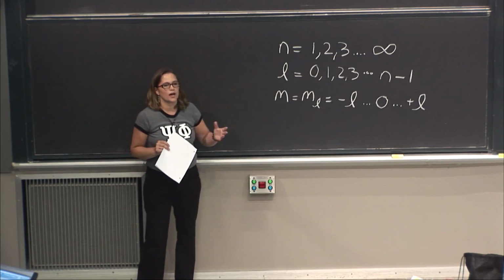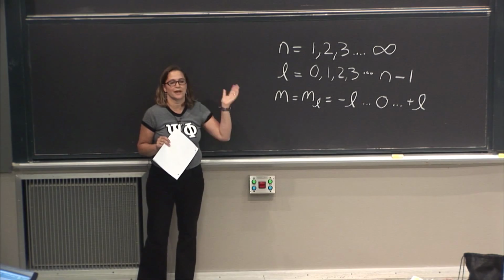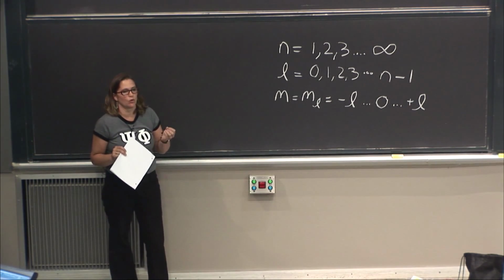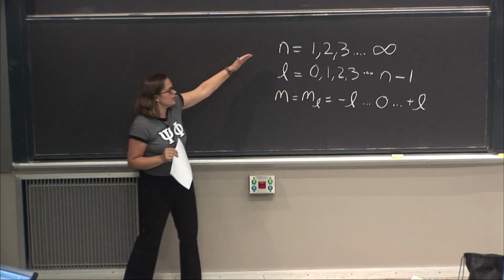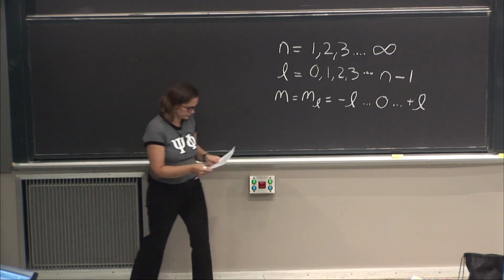It also describes the orientation of the orbital with respect to an axis. And it tells you about the specific orbital in question. So we need all 3 of these to describe any orbital.